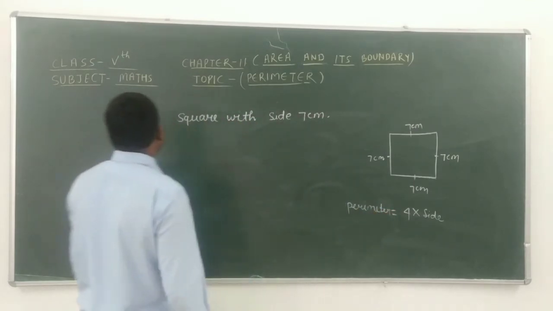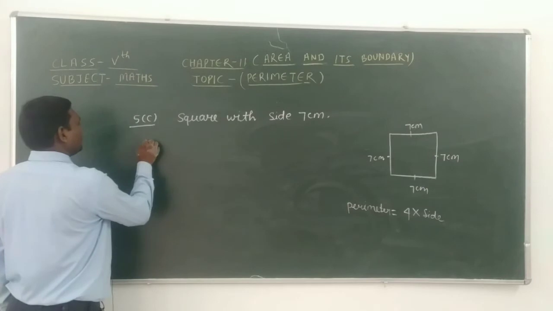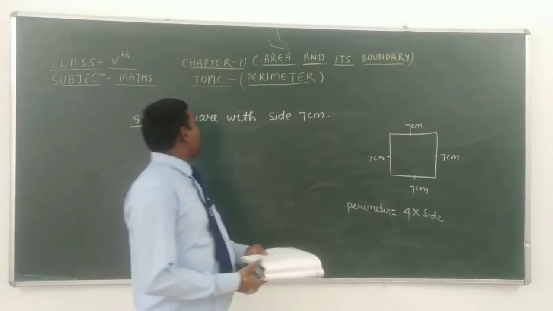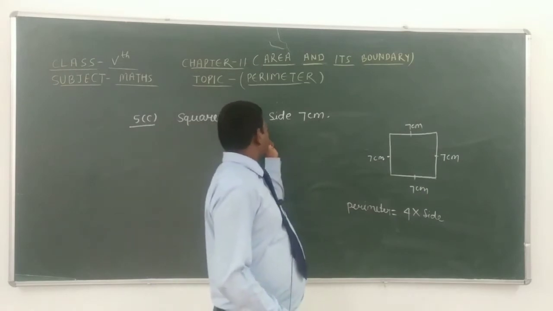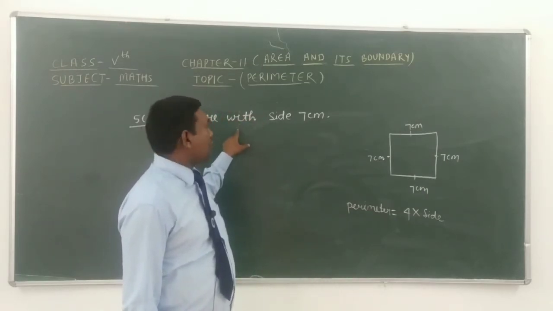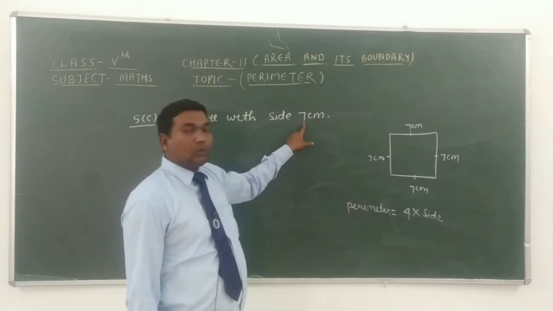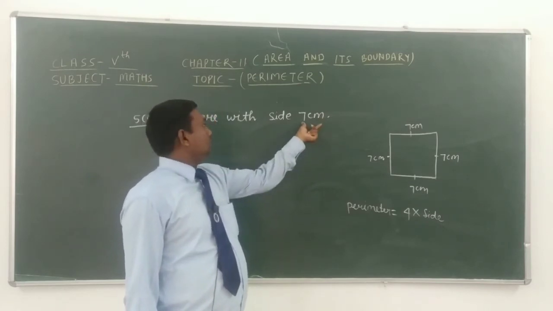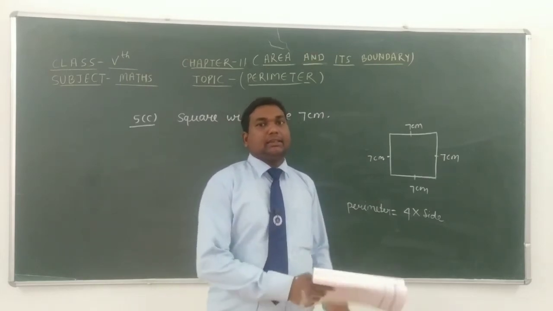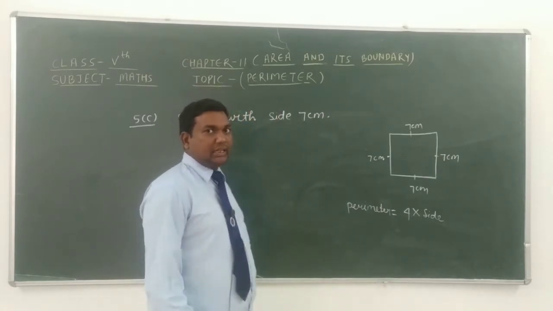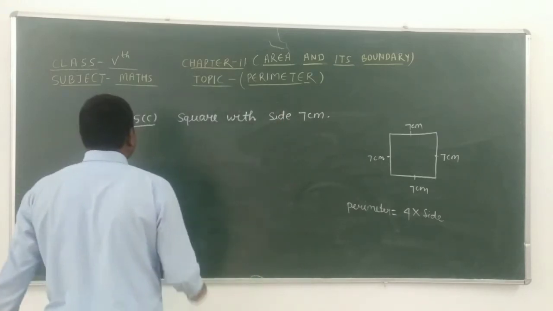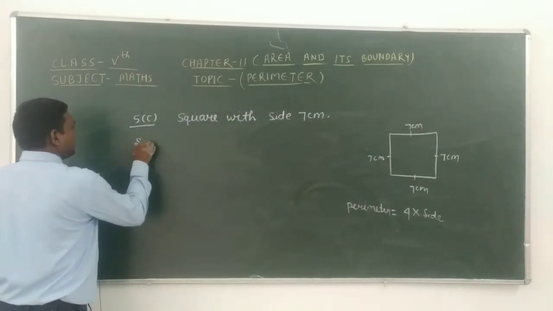Understand? Then we can find the perimeter of square is 4 into 7. 4 sevens are 28. It means that 28 is the perimeter of a square. Look at here carefully. Now let's start the solution.